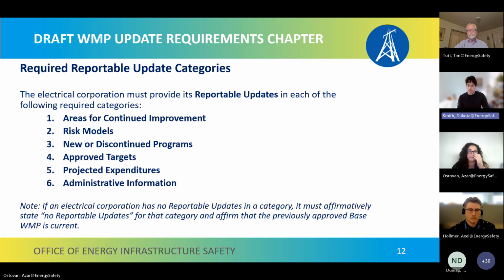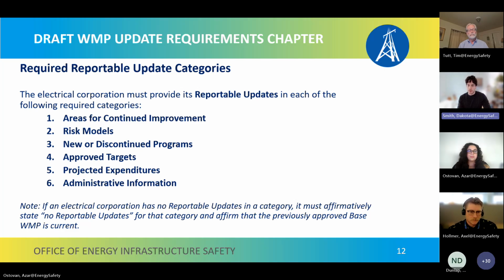All right, and so now an overview of these 6 required reportable update categories. The electrical corporation must provide its reportable updates in each of the following categories, 1 through 6: areas for continued improvement, risk models, new or discontinued programs, approved targets, projected expenditures, and lastly, administrative information.